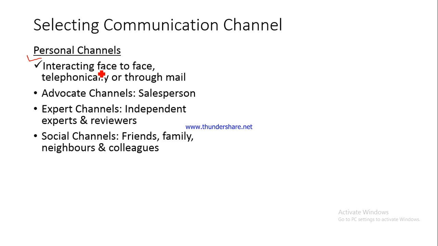Okay. So what are the personal channels? Now we are shifting our focus back on this slide. Here the interaction would be face to face, telephonically or through mail with the prospect, right? The whole idea is that there should be no intermediary as such between the prospect or the probable buyer and the sender of the messages, that is the advertiser or the marketer, right?